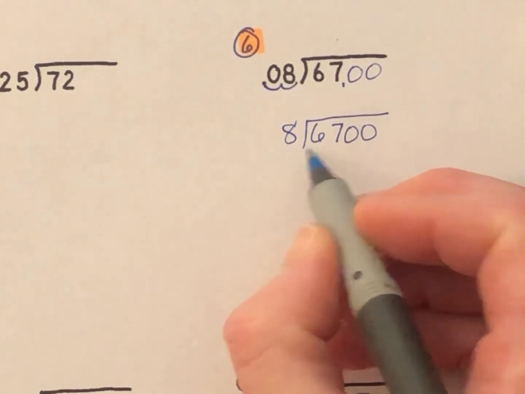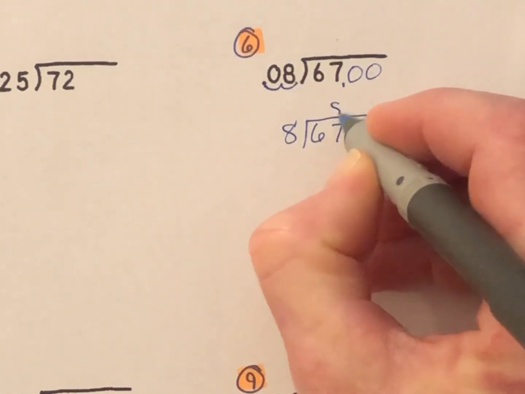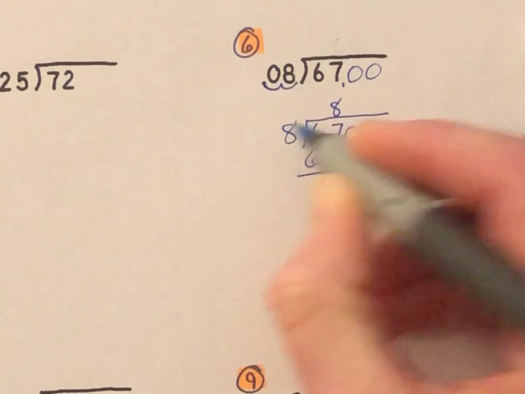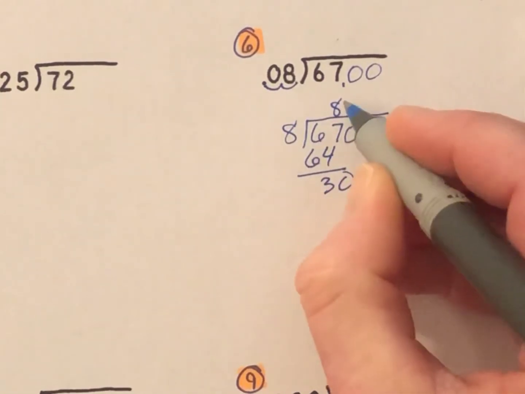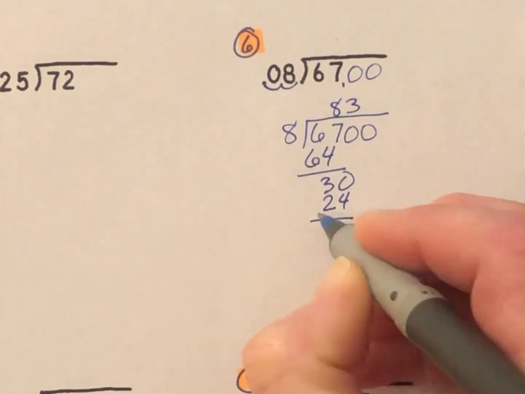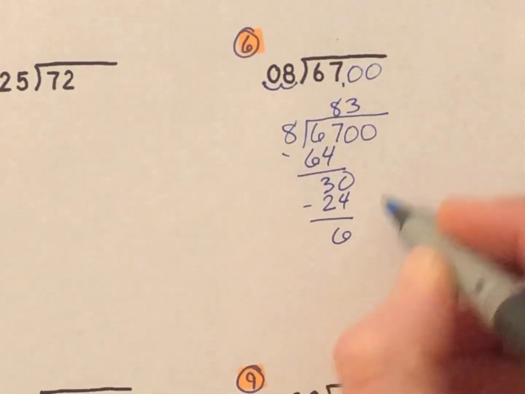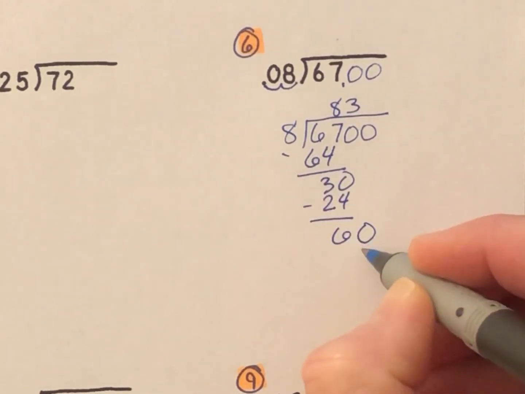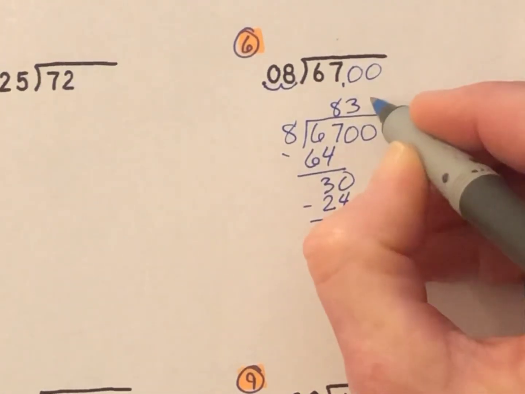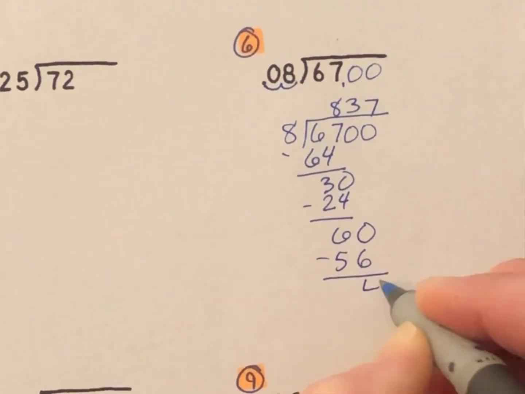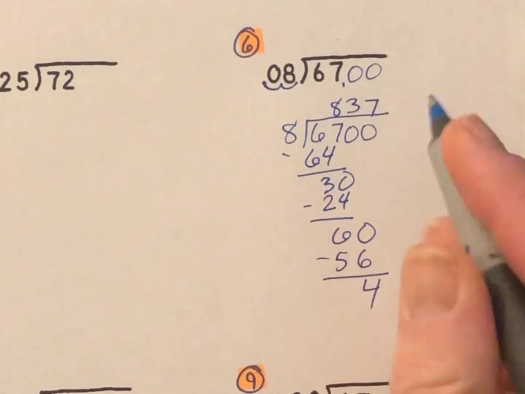All right, so 8 goes into 67 8 times. 64, 3, 0, 8 times 3 is 24. Seems vaguely familiar. Bring down this 0. Goes into 60 7 times, 56. So I've run out of digits.